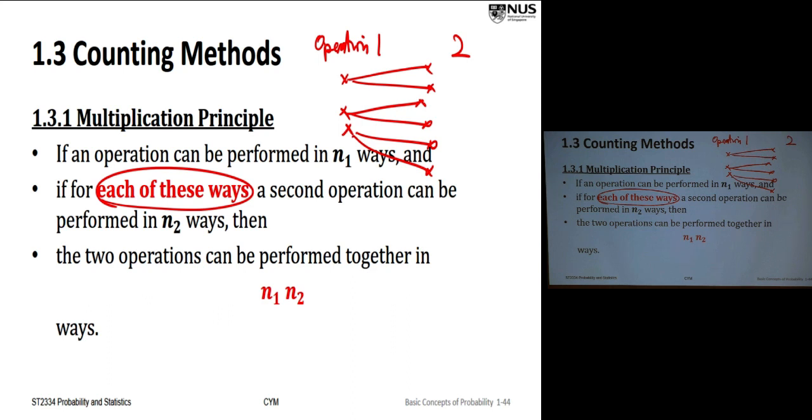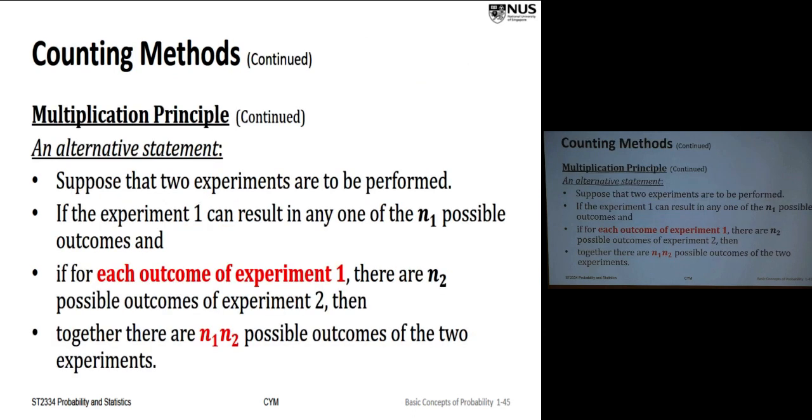All right? So you just make sure that for each of the ways that we do things in operation 1, we have the same number of ways to do things in the second operation. So we can have an alternate statement. Instead of looking at how many ways to do it, we can look at possible outcomes in an experiment.